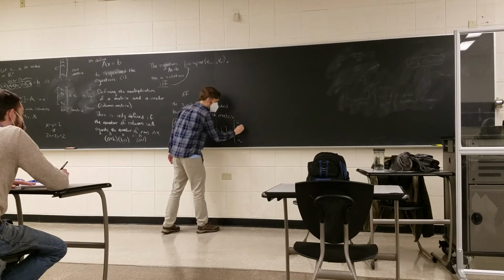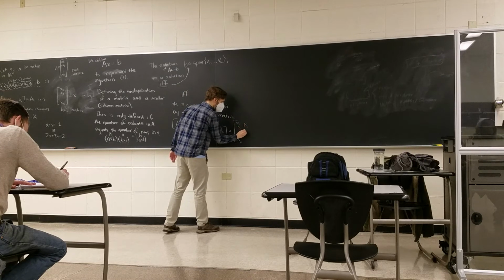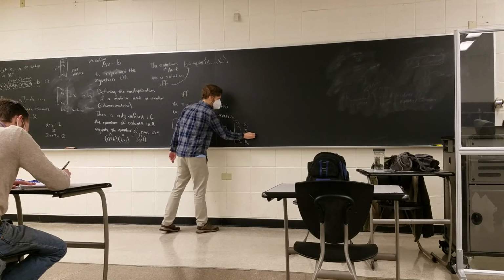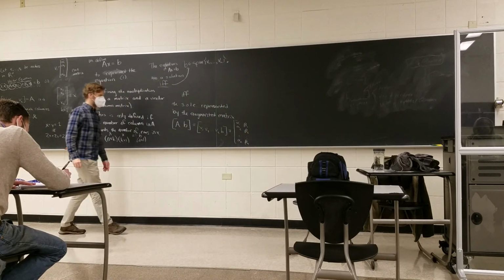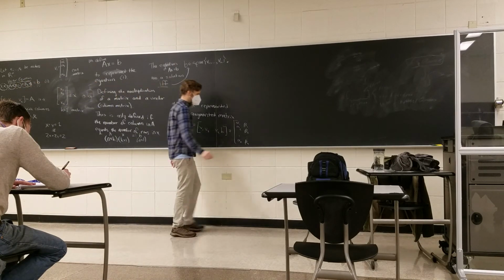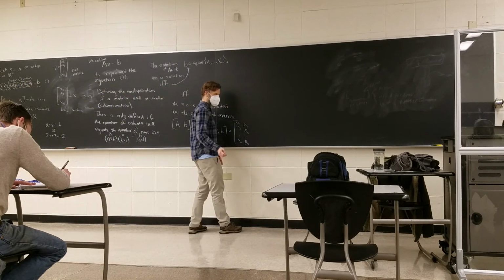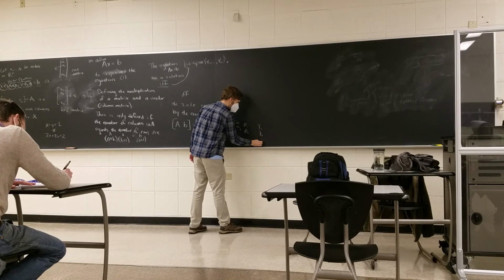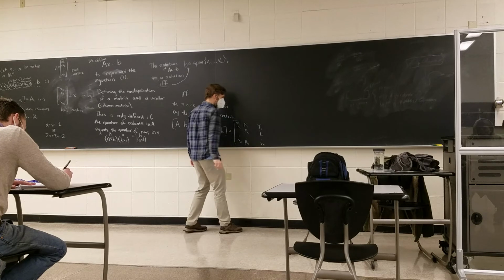And V2, I'm representing as beta 1, beta 2, going to beta n. And then I've got some more columns, V3, V4, V5, all the way up to VK. VK is, what's next? Gamma 1, gamma 2, through gamma n.